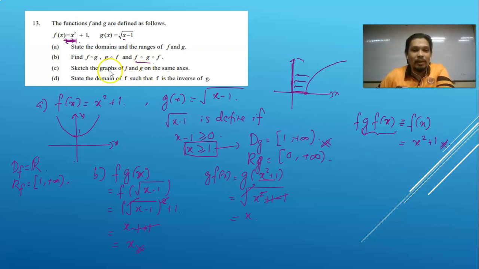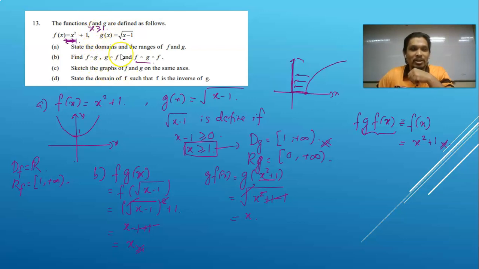Sketch the graph of f and g on the same axis. Class, for this question, normally they should come up with this one here: f(x) equal to x squared plus 1, and the domain, or value of x, is x greater than or equal to 1.